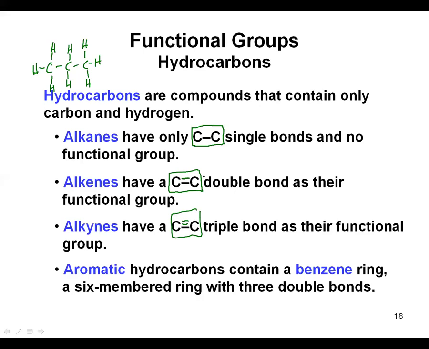No, so the R is not necessarily used only with the OH group. For example, this part right here is the functional group for a bunch of organic molecules that are known as aldehydes.